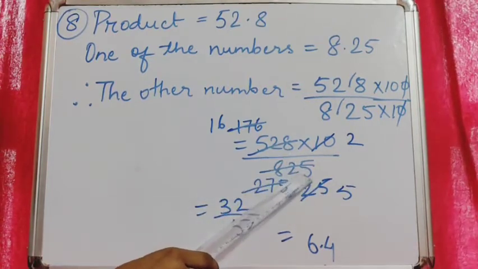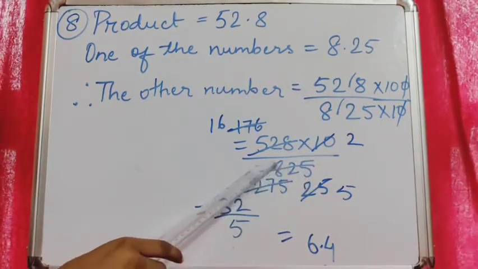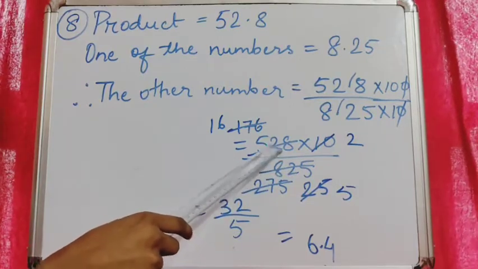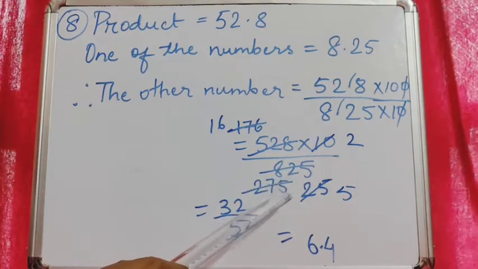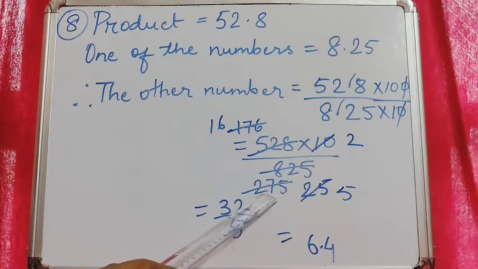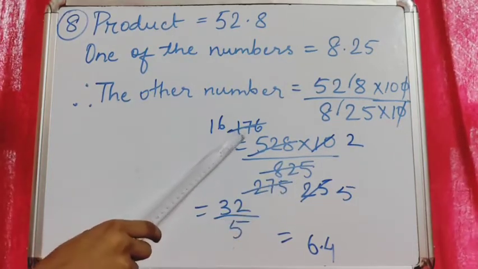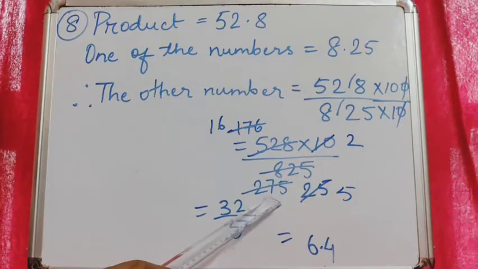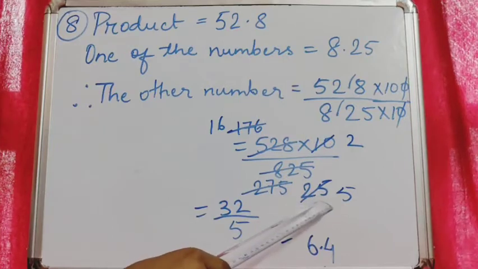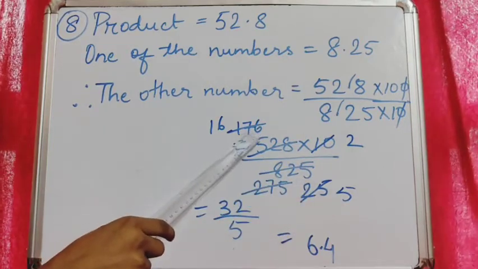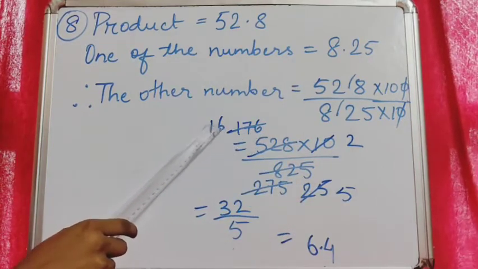So first I have reduced these two by 3. So on reducing 528 by 3 I got 176, and on reducing 825 by 3 I got 275. After that I have reduced these two by 11. So on reducing 275 by 11 I got 25, and on reducing 176 by 11 I got 16.